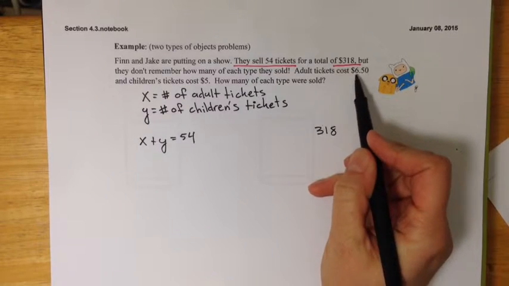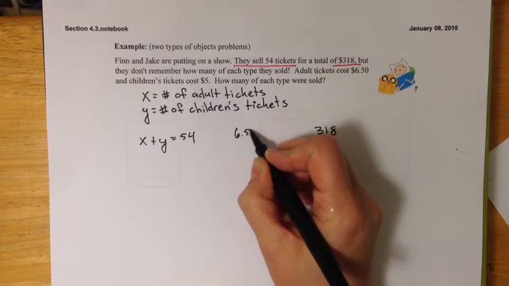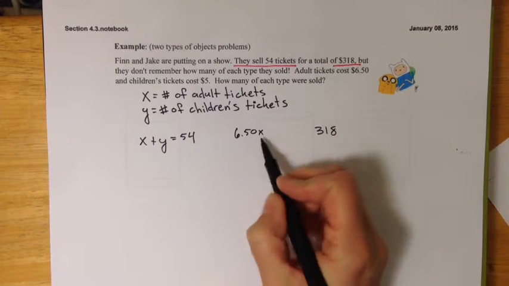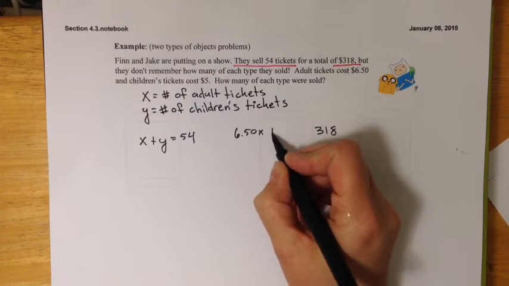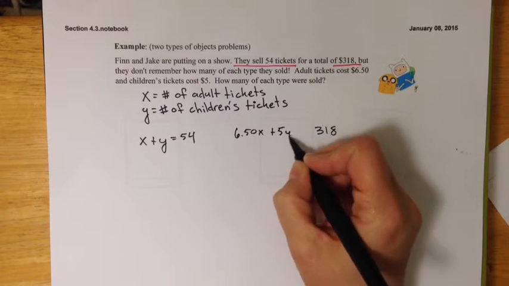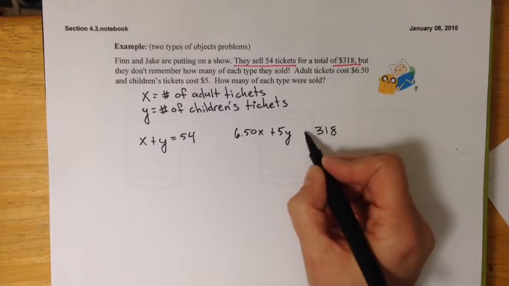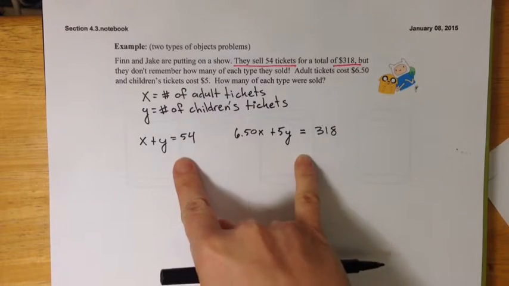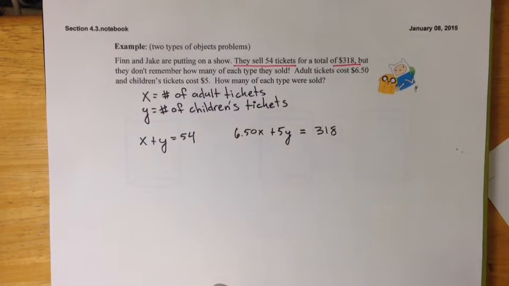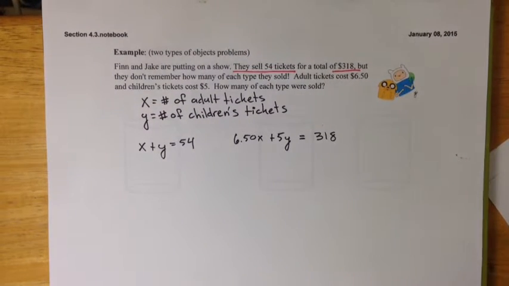Since the adult tickets cost $6.50, if we write down $6.50 times x, that'll give us the total amount of money that they get from the adult tickets, plus 5 times y, that'll be the total amount of money that they get from the kids' tickets, and that should equal the total amount of money that they make. Now we have two equations and two variables. This is a system of equations, so we should be able to solve it.